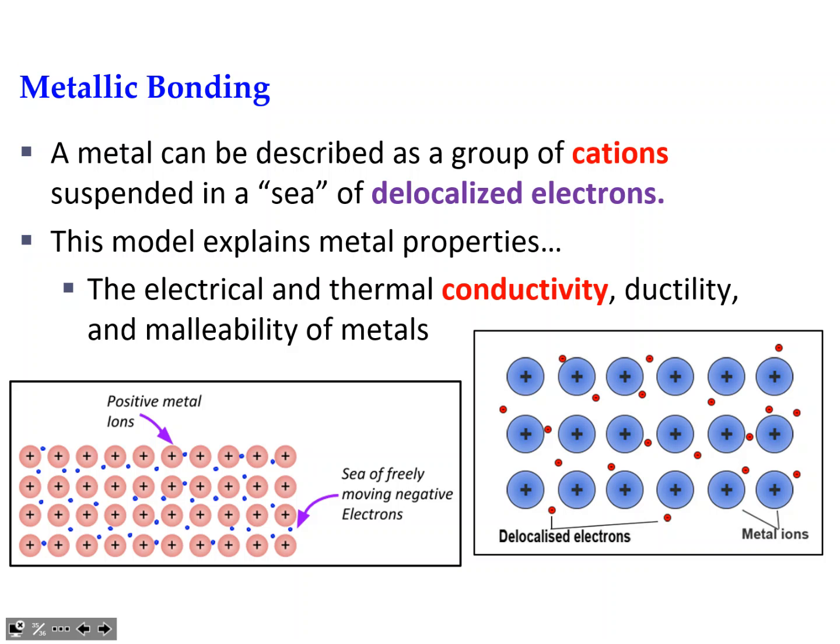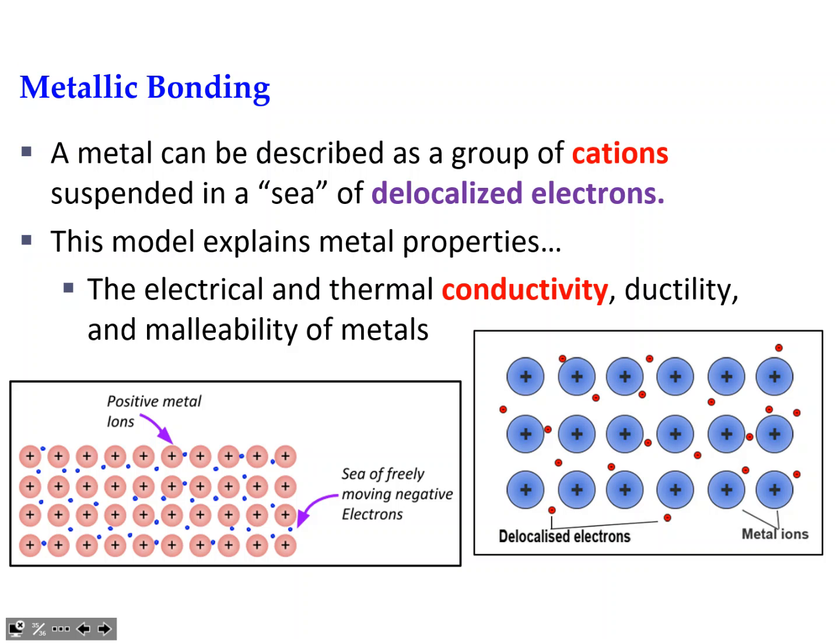Basically, what you see here is what you need to identify as the metallic bonding diagram. What you're going to see in a metallic bonding diagram is a bunch of positives in nice, orderly fashion. What you'll see here is a bunch of dots that look like they're randomly scattered around them. The randomly scattered dots are the delocalized valence electrons.